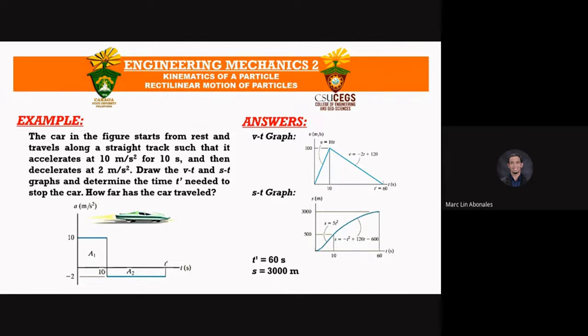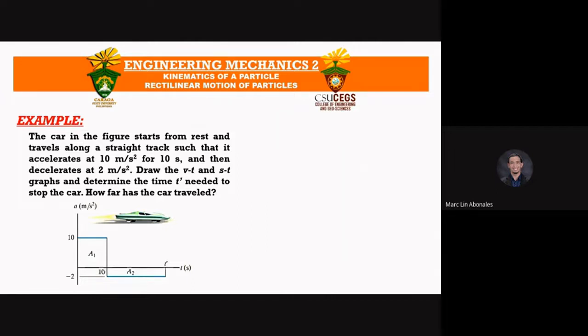So first, let us construct the VT graph. For the VT graph, the given in the problem is the AT graph. This is actually the opposite of what we solved last time, where the ST graph was given.